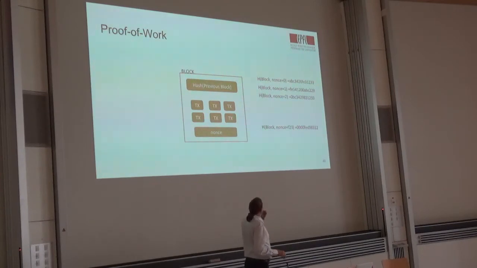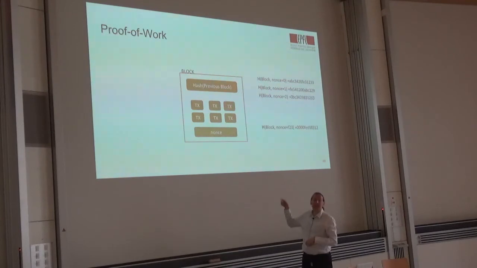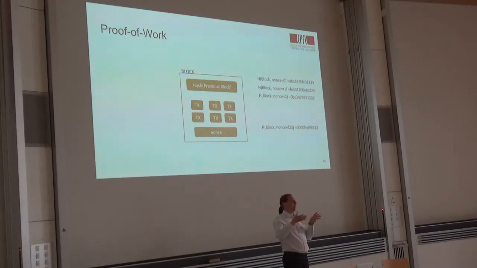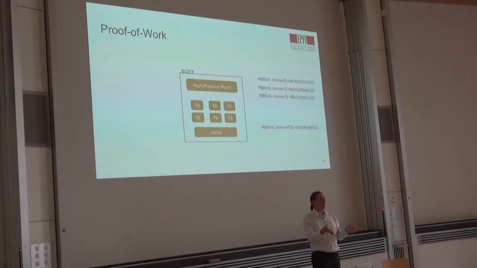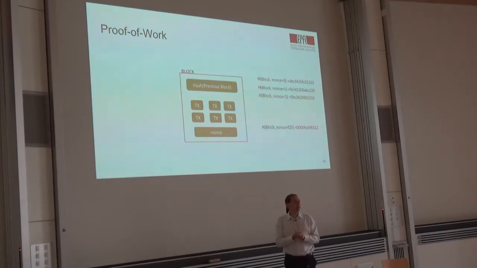Well, we call that because once the miner does find this block, he can just broadcast it, say, hey everyone, look at this block I found. And anybody who's trying to verify that that's a good block can just hash it and observe that there are 16 0 bits in front at the beginning of that hash.